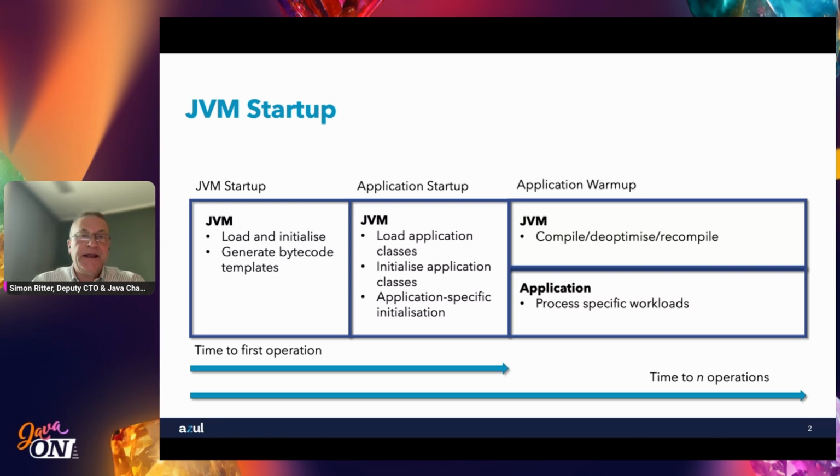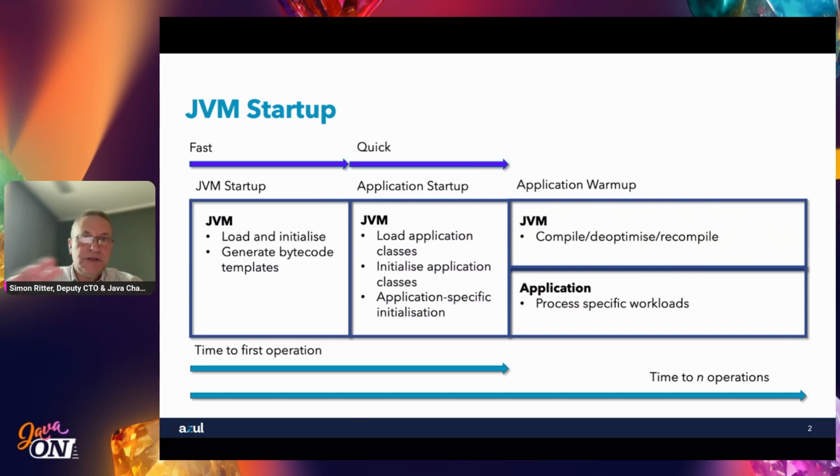The other thing we can look at is how much effect we can have in terms of improving the way that the application works. So if we look at the JVM startup, that's fast. I mean, it's literally of the order of a few, maybe tens of milliseconds. So even if we improve that by, let's say, 100%, if we halve the time that it takes to do that, we're still only going to be talking about a few milliseconds in terms of improvement. Not really much point in focusing on that.